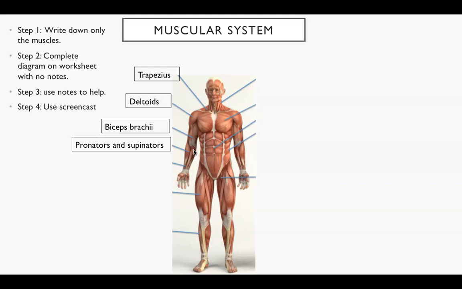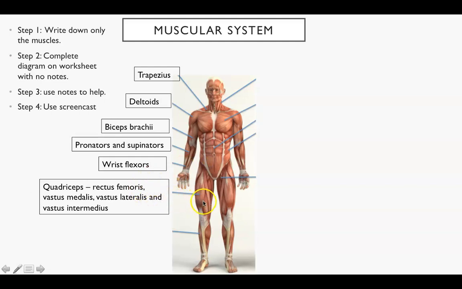The next muscles are our wrist flexors. If you think of bouncing a basketball, your wrist flexors help you bounce the basketball. And your wrist flexors in the anatomical position are in the anterior view, the front here. This view, remember, is anterior.